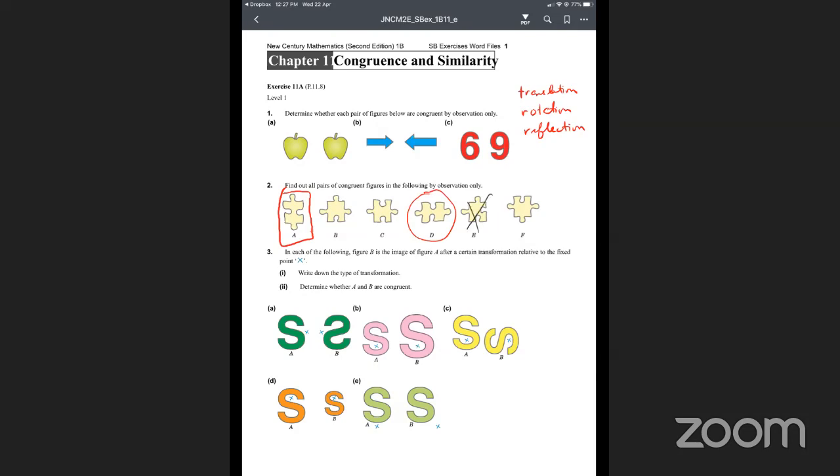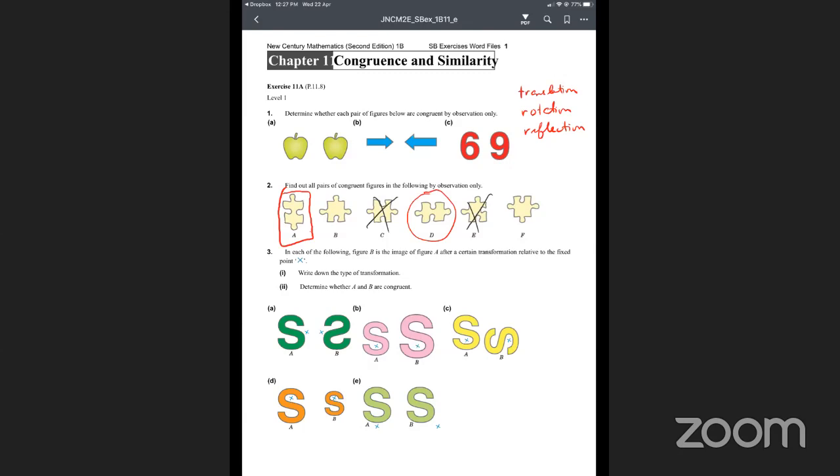No other figures should be congruent to this one, right? And if you look at the remaining 3, I think I can cross out this one, right? Agree?